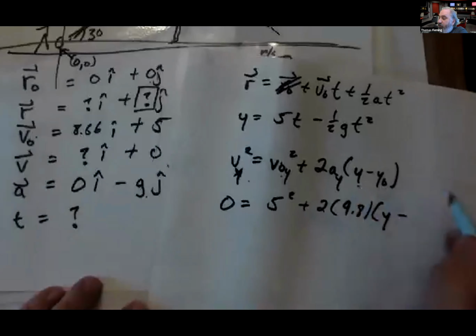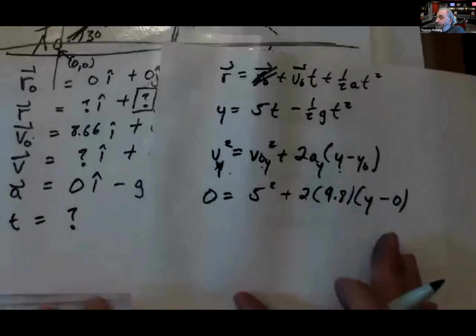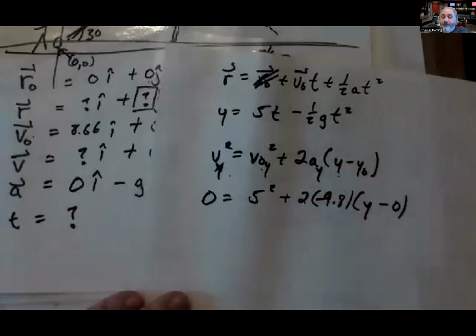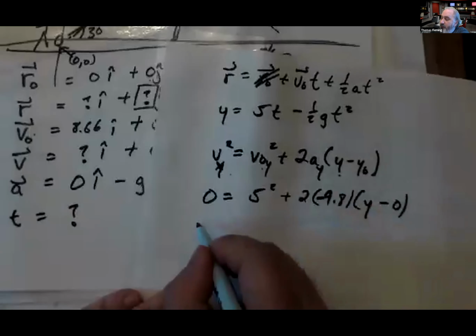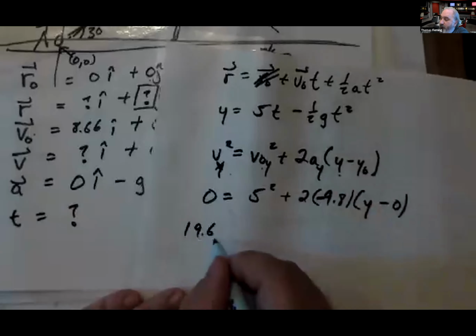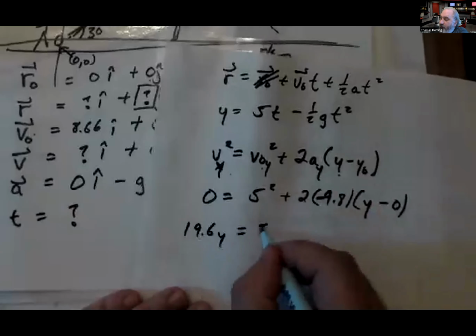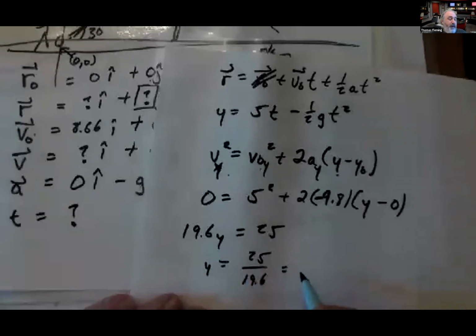Y initial is just 0. So now what's going to happen is, oops, that's negative 9.8. So I'm going to move all this to the other side. That's going to become positive. So I'll have 2 times 9.8 is 19.6 times y final equals 5 squared, which is 25. And I'm done.